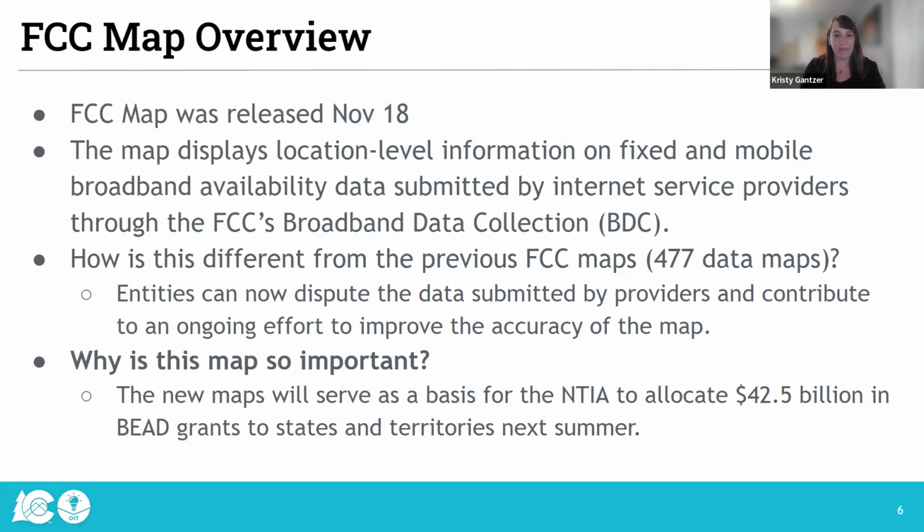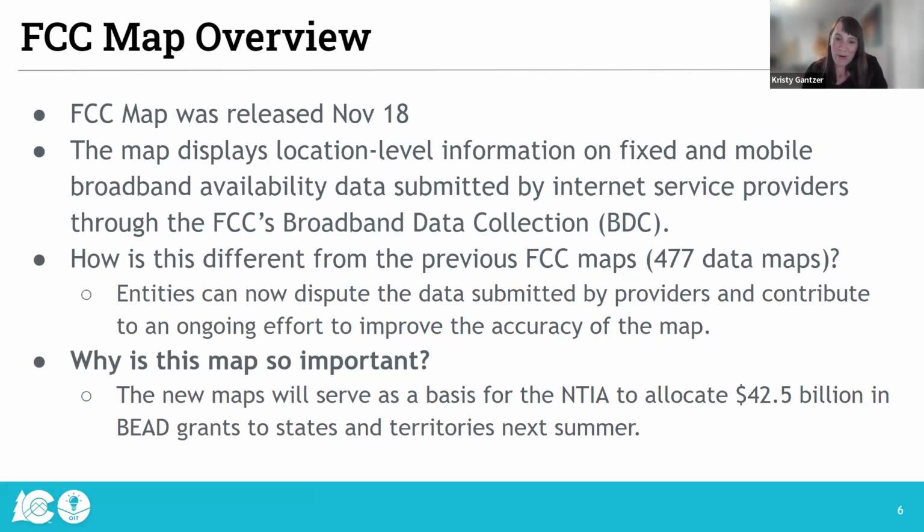So what is the FCC map and why is it so important? On November 18th, the FCC released its pre-production draft of the National Broadband Map. This map displays location level data on broadband availability throughout the country as submitted by internet service providers. This version of the first release of the map will offer users an opportunity to challenge the data submitted by providers on an ongoing basis in order to improve the quality of the overall data set.